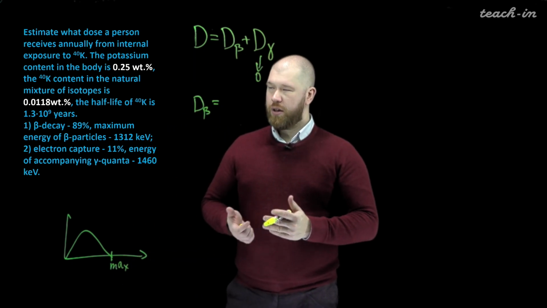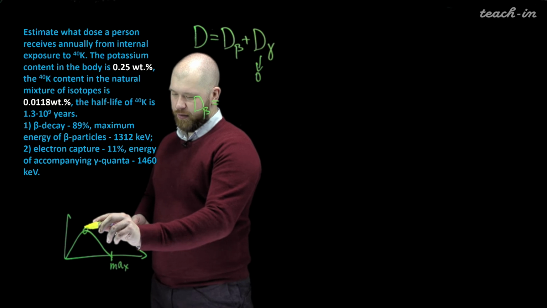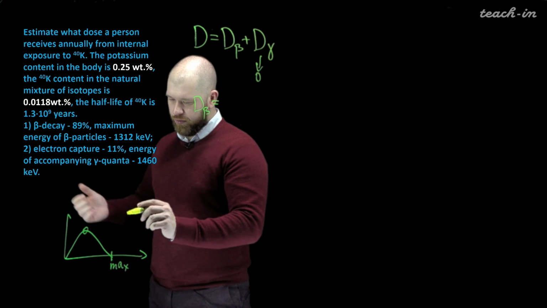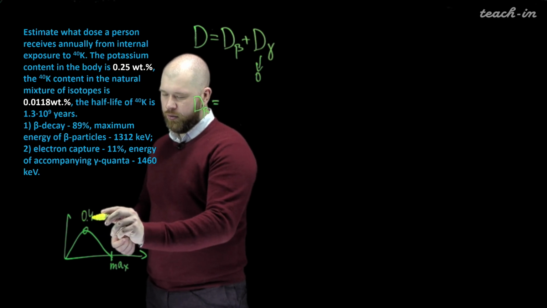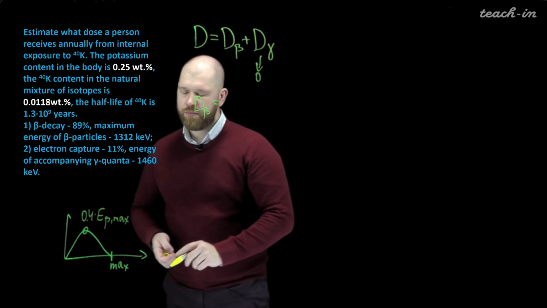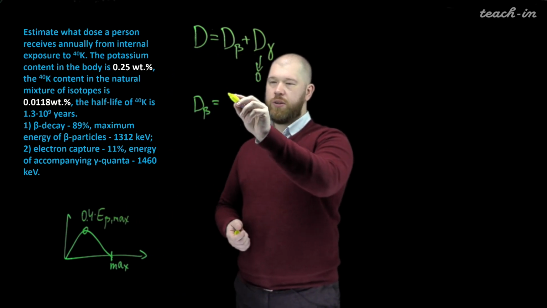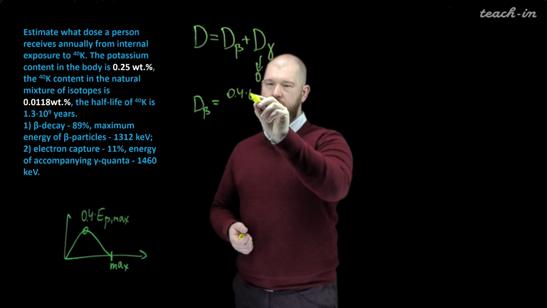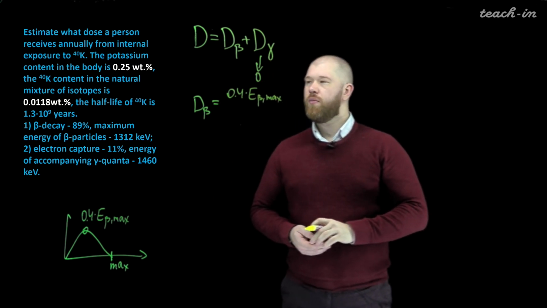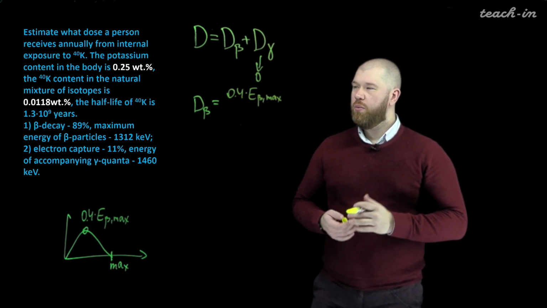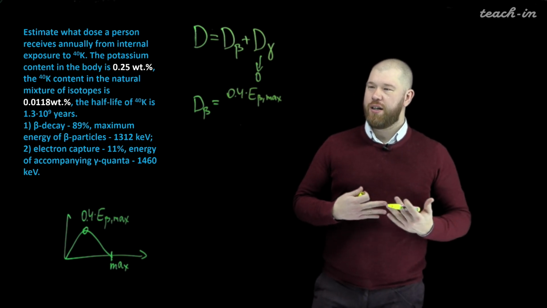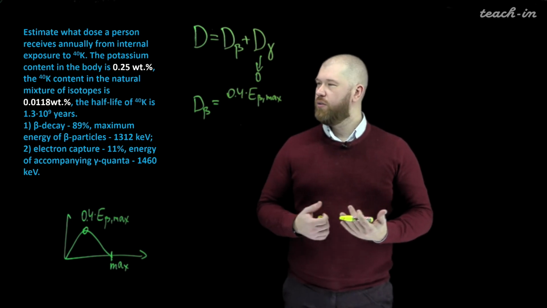And to calculate the average dose, we have to take the average value of the energy of beta particles, and it will be equal to 0.4 multiplied by the maximum energy. So we need to take this average energy of beta particles. We need to know how many particles are emitted during the whole year.